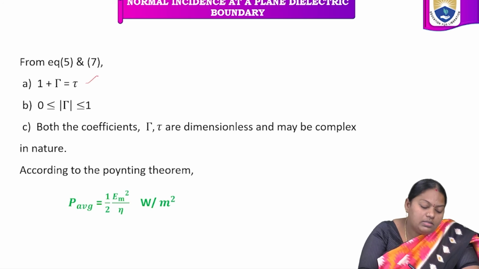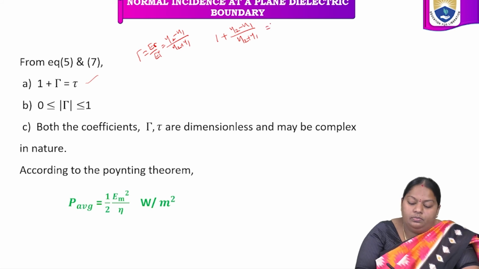So how does this relation come? 1 plus gamma equal to tau: what is the gamma equation? As we know, gamma equals ER by EI equal to eta 2 minus eta 1 by eta 2 plus eta 1, right? So 1 plus gamma means 1 plus (eta 2 minus eta 1) by (eta 2 plus eta 1). If you find the LCM and simplify, we get (eta 1 plus eta 2 plus eta 2 minus eta 1) by (eta 1 plus eta 2).